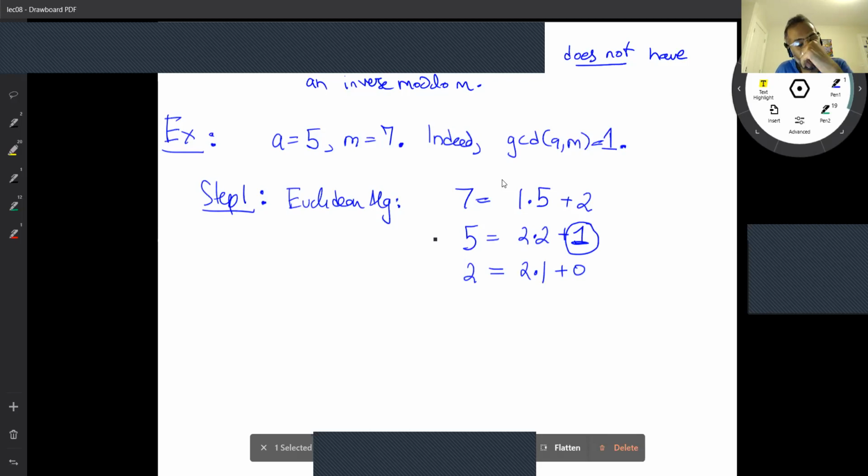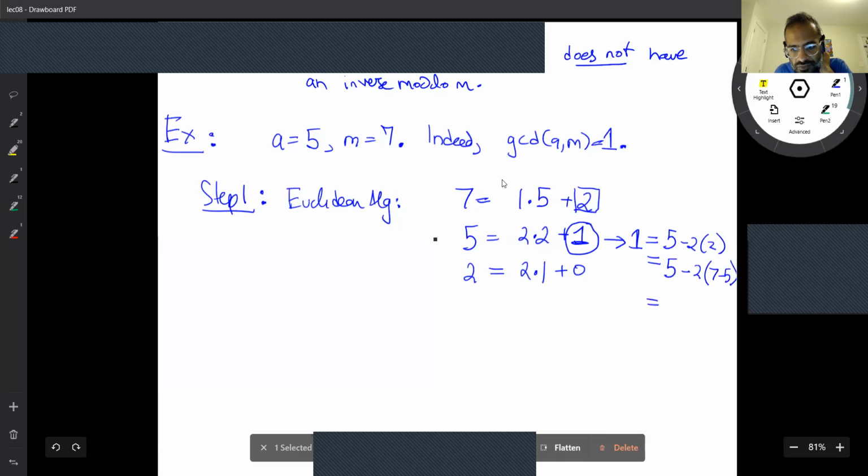And now, if I use these equations in reverse, I have that 1 is equal to 5 minus 2 times 2. And now I'm going to use the formula for 2 that I get from this equation. It's equal to 5 minus 2 times (7 minus 5).